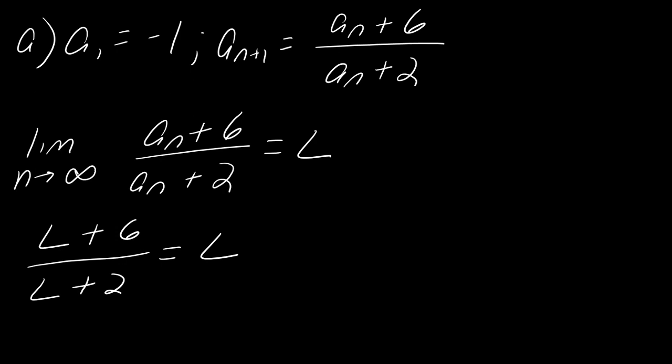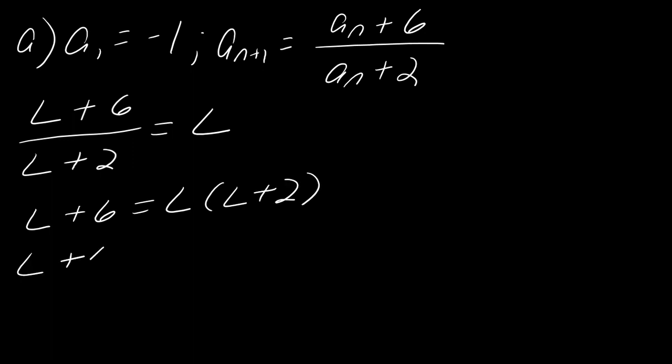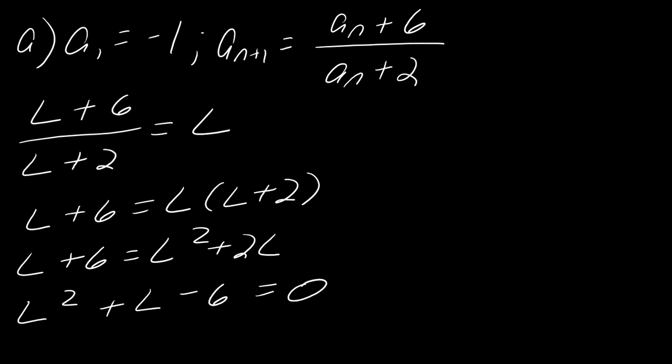So let's clear some space. All right, first, I'm going to get rid of the denominator. So I'm going to multiply the L plus 2 to the other side. Now I've got L plus 6 equals L squared plus 2L. Then I can subtract everything to one side to get L squared plus L minus 6 equals 0.